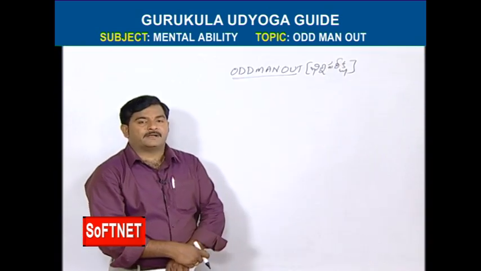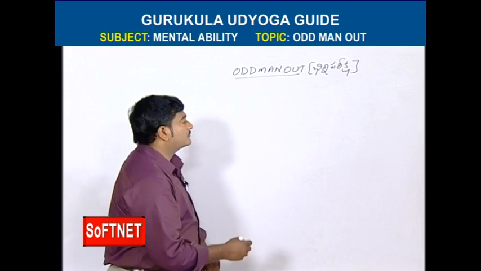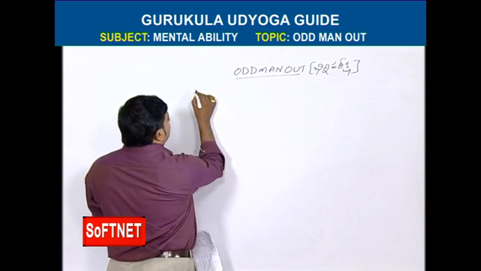Now let us start with the first type of odd man out, that is number odd man out. In that we will take some questions. See, the question itself gives options.